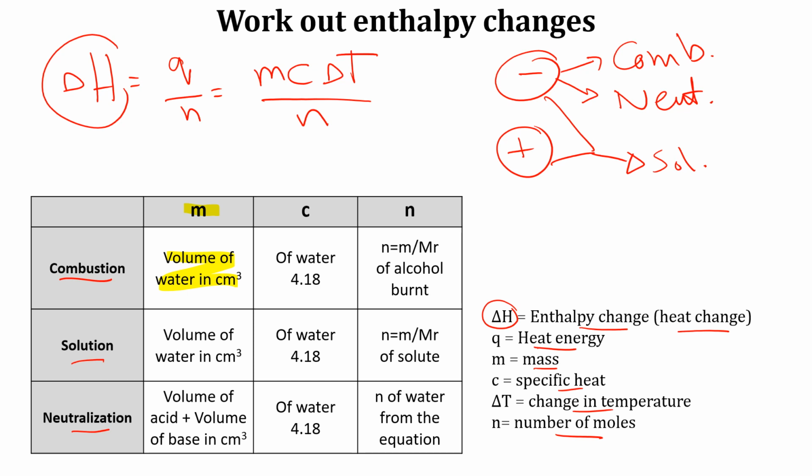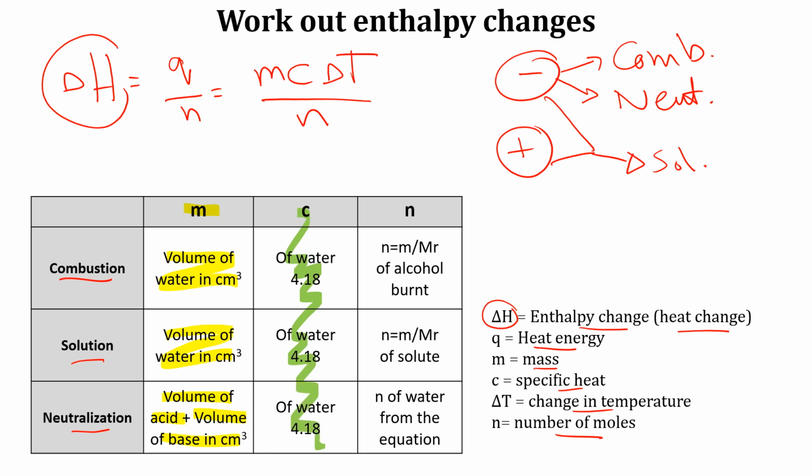If you are asked to give a valid assumption for this reaction, you can say that the volume is the same as mass because the density is equal to 1. For solution, it is the volume of water also. For the neutralization reaction, it is the volume of acid plus the volume of base in cubic centimeter. C is always for water, or as it will be given in the question.